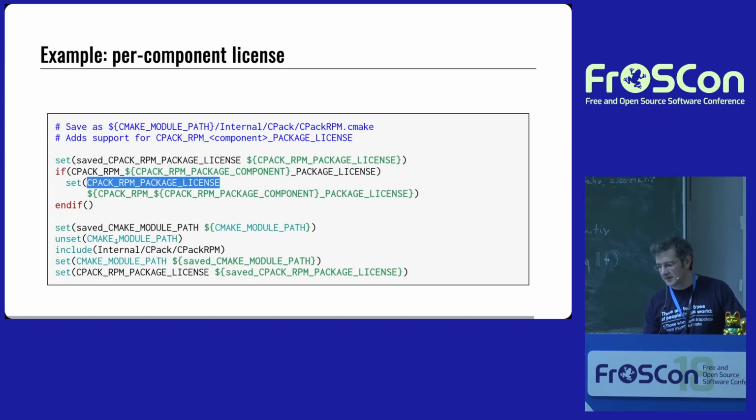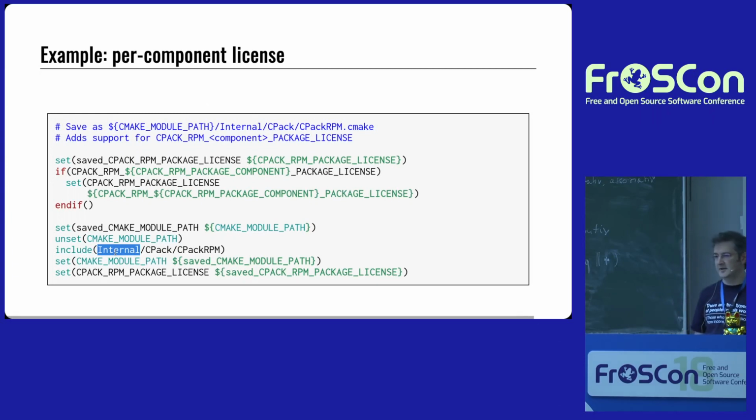And then I unset the module path and invoke the system CPackRPM. So this way, whenever I have a per component value, I override the global value with the local value, run the system file which generates the proper spec file, and then I restore all the variables. With this trick, we have per component license, per component vendor, per component version.